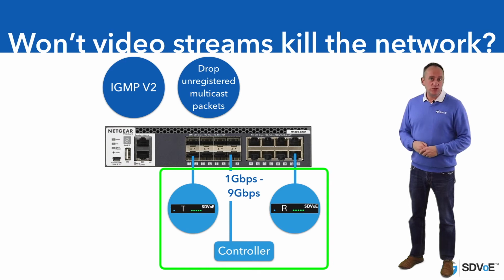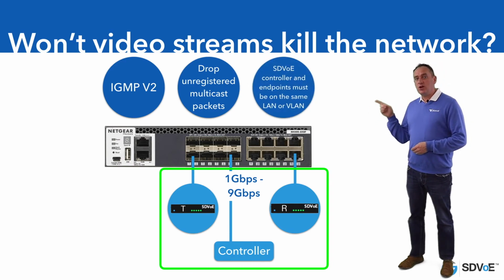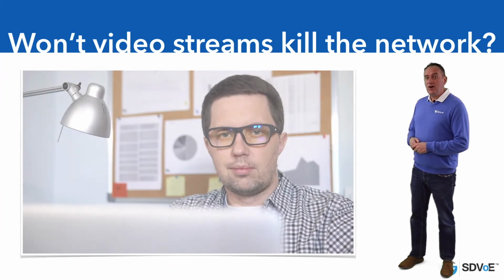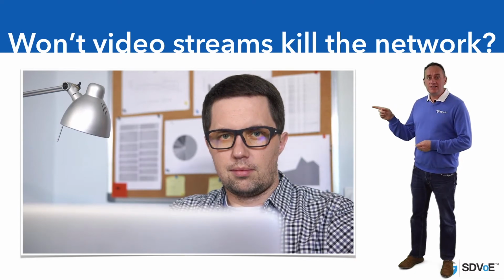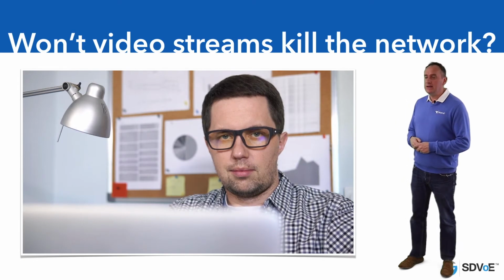The simplest way to achieve this is to ensure the SDVoE controller and endpoints are all on the same LAN or VLAN. More complex solutions can be applied, but this is where the IT professional can help. And once he understands how your technology works, he'll be far more receptive to helping you.